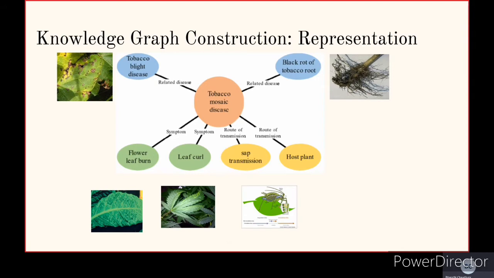So tobacco mosaic disease is very prevalent in tobacco plants as well as other plants, and this leads to significant yield loss in many plants.